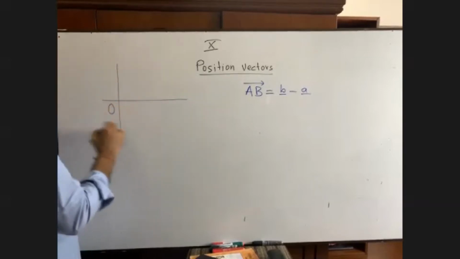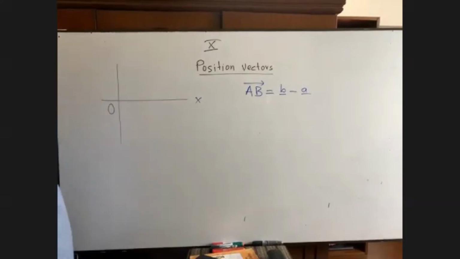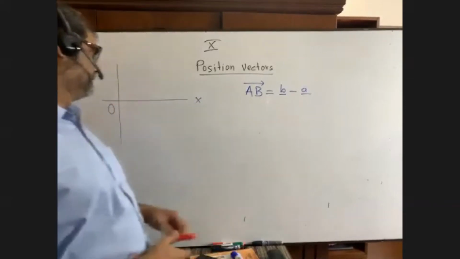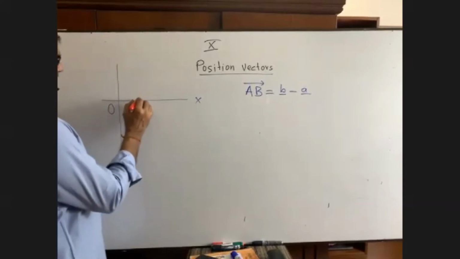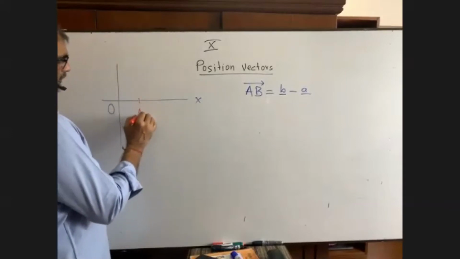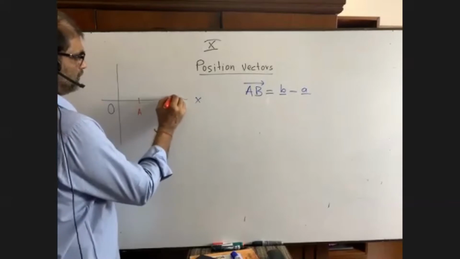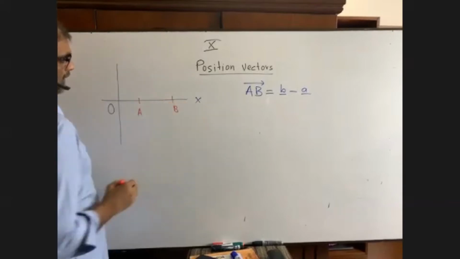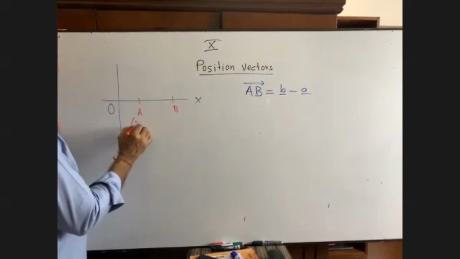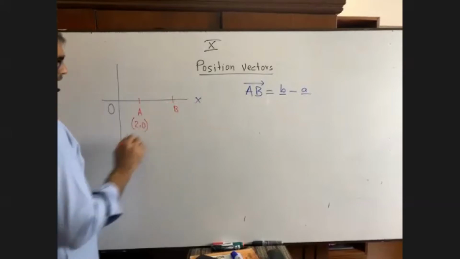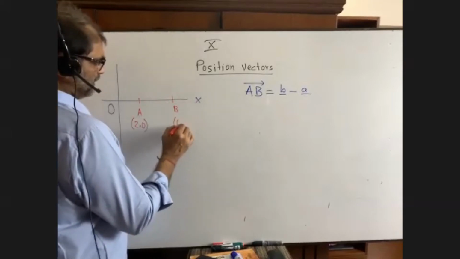It is O, it is X, right? Suppose I am going to take some points here. Suppose it is A and it is B. And A is 2, 0 and B is suppose 6, 0.